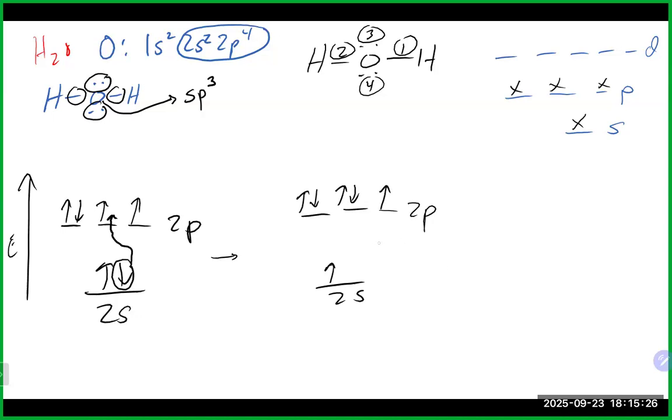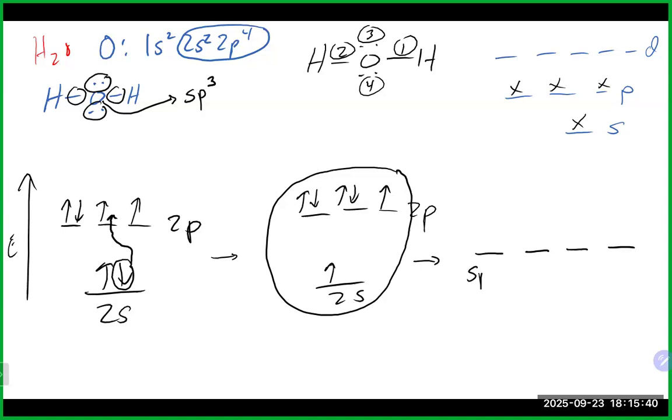Now it's going to hybridize as sp3, which means we're just going to take everybody here. And since we took basically 4 orbitals, we are going to create, once again, 4 equal sp3 hybrid orbitals. Now, if we just keep track of what's going on here, we'll do it in order. This guy is filled. This guy is filled. This one has 1 electron, and this one has 1 electron.